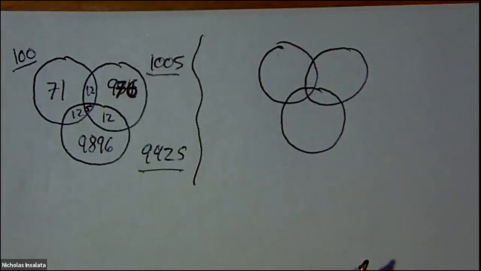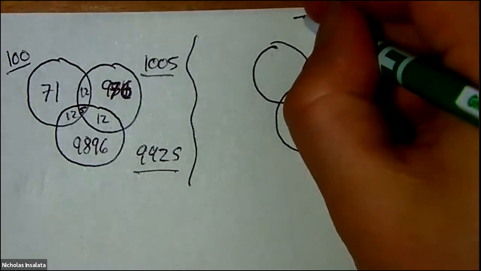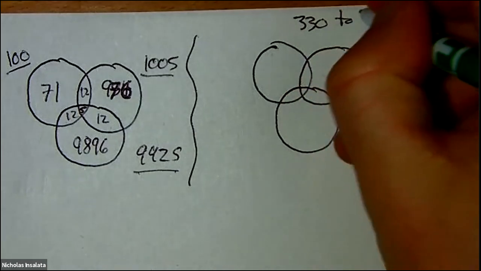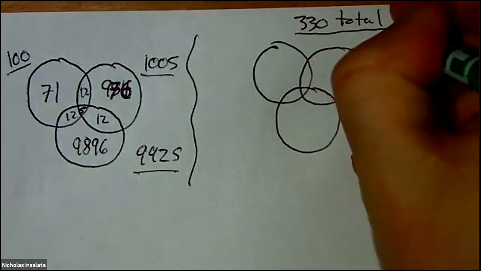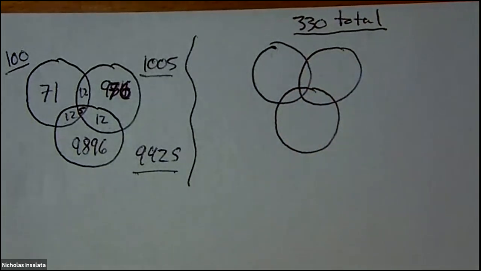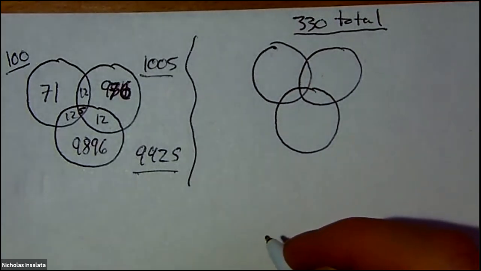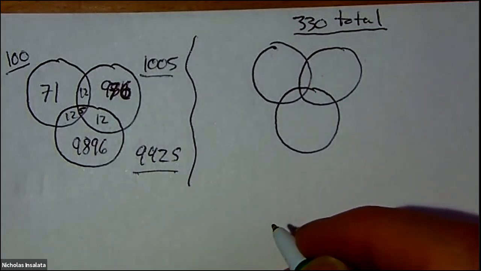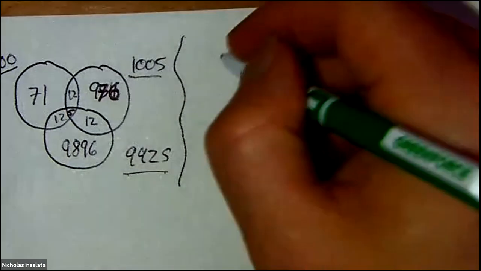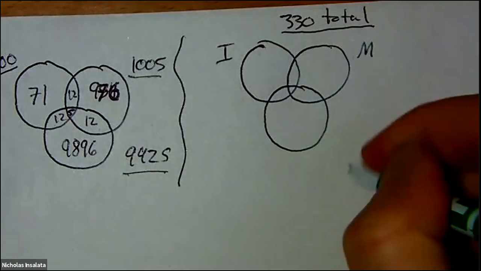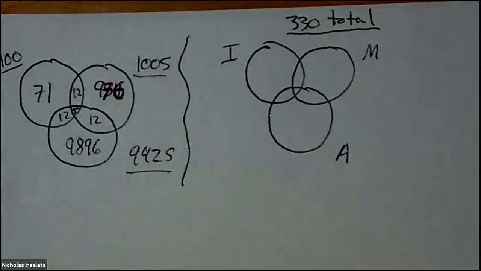Okay, and for this guy, we have 330 people total, right? But now we know that in the intersections, let's do Italian, Mexican, and American, right?